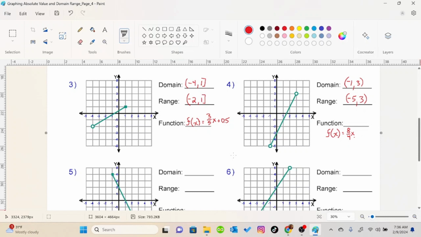And it looks like we cross the y-axis at -3. We could simplify this. 8 divided by 4 is 2. So f of x equals 2x minus 3.